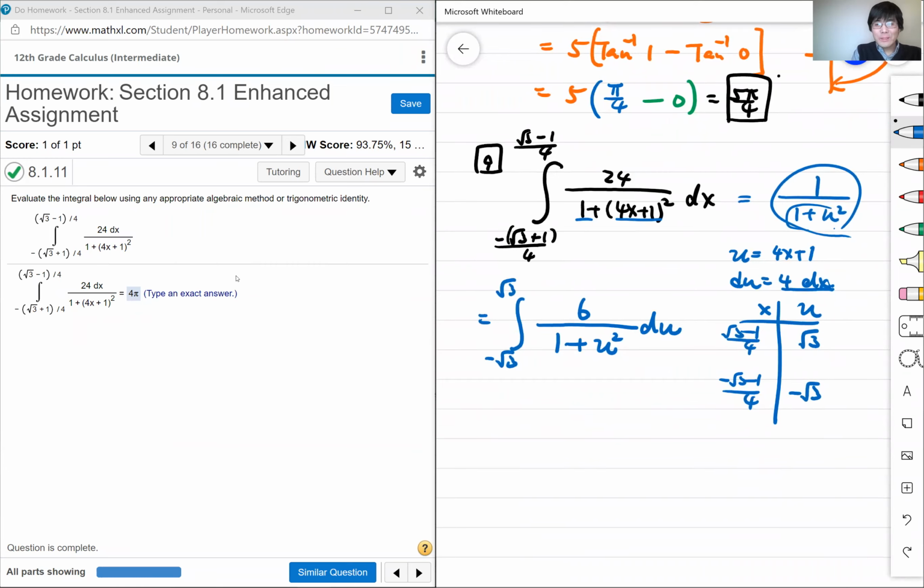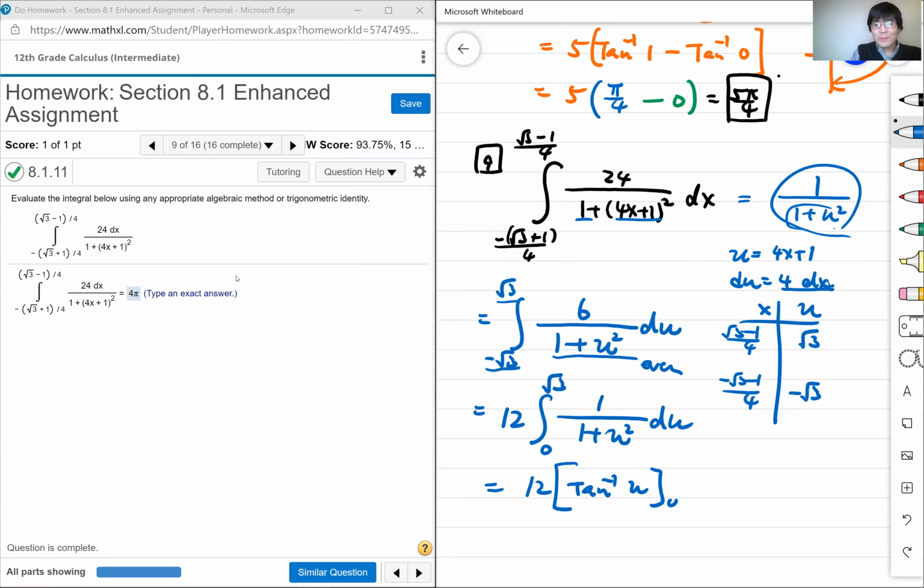Okay, so 6 is just a constant. Since the limits go from negative a to a, you can use the evenness to make it 2 times that, because this is an even function. The integral of this will be arctangent of u, and you substitute square root of 3 and 0.